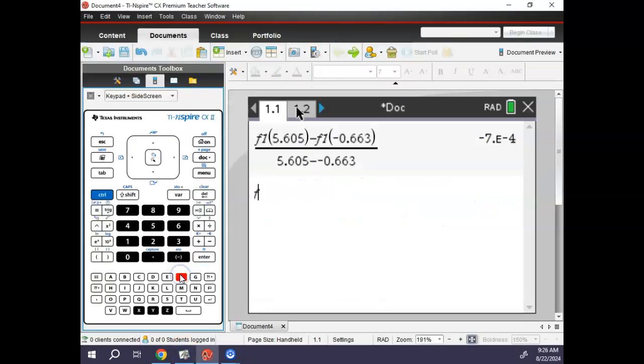I want to start with a fraction, so I don't have to worry about parentheses. F1 of 10 minus F1 of 2.470. And then tell me if that is what you got.